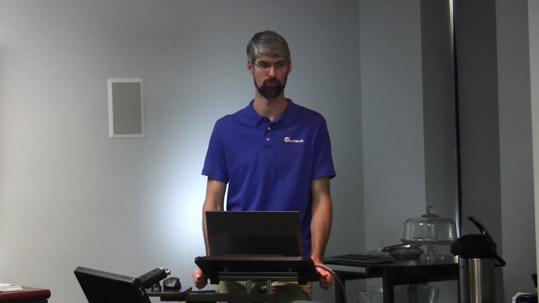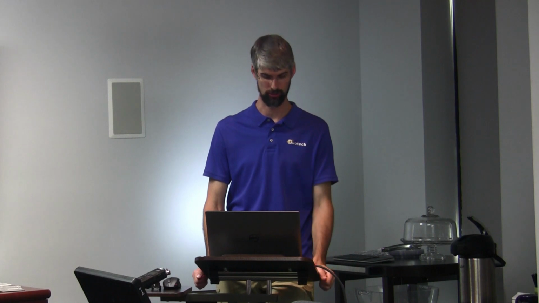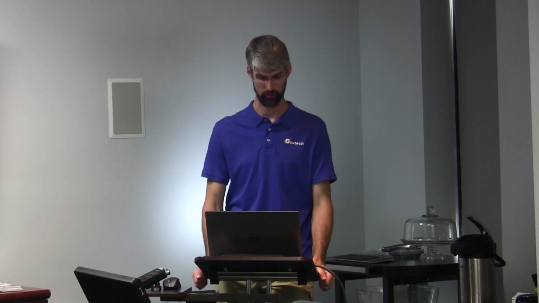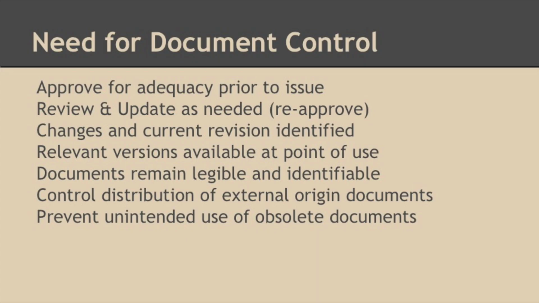You need to be able to have those reviews applied as the document changes over time. Just because it was right once doesn't mean that after it's changed and iterated every one of those versions is still right, unless you have an approval process that lets you make sure that each of those changes is good. You need to be able to identify the document and its changes.